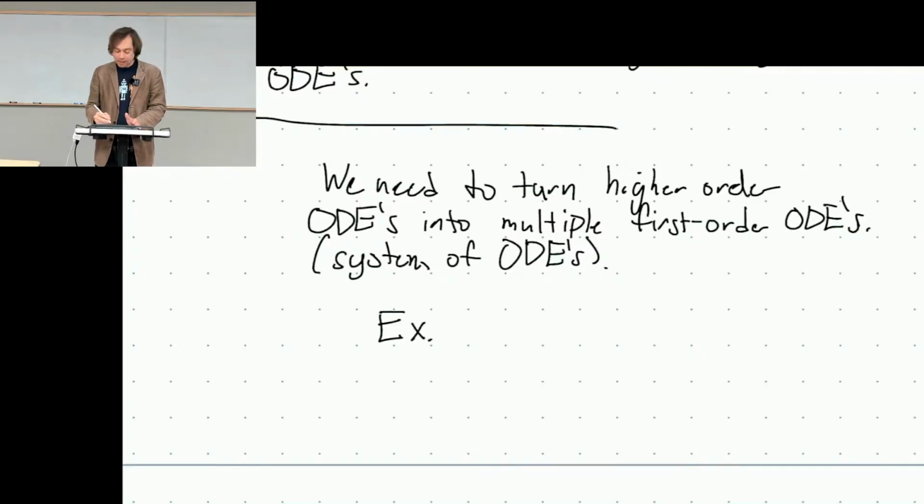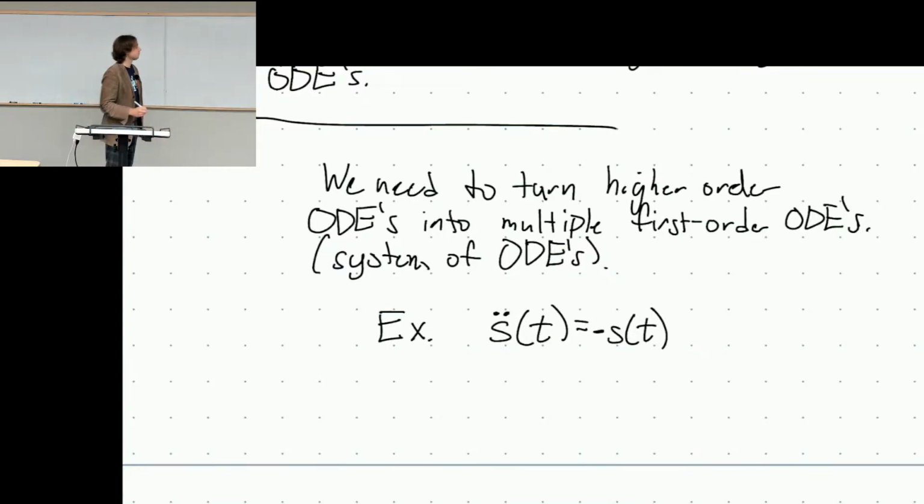Let's just say we had some differential equation, s double dot of t is equal to minus s of t. This is actually the differential equation describing a spring mass system, a slinky, more or less. Second order differential equation, right?